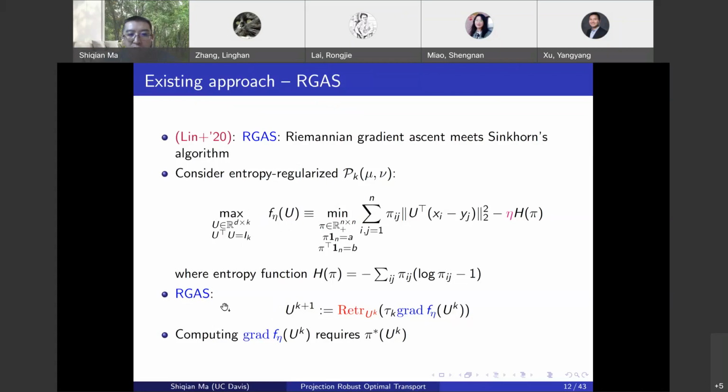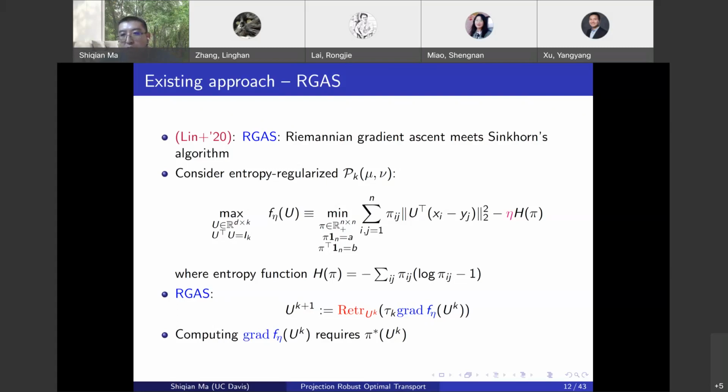Okay. So then the idea will be very straightforward. In RGAS, we just update u in this way. So what is this? This is actually the Riemannian gradient ascent algorithm. Every iteration you just compute the Riemannian gradient. This blue part denotes the Riemannian gradient of the function f eta at u_k. Then in Riemannian optimization, we're maximizing or minimizing the function over a smooth surface.